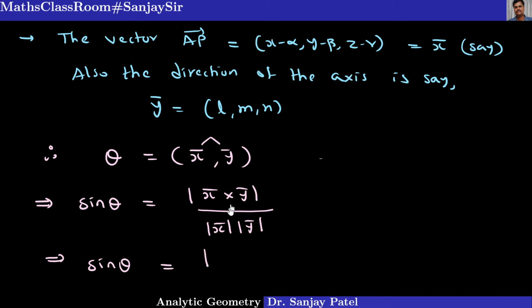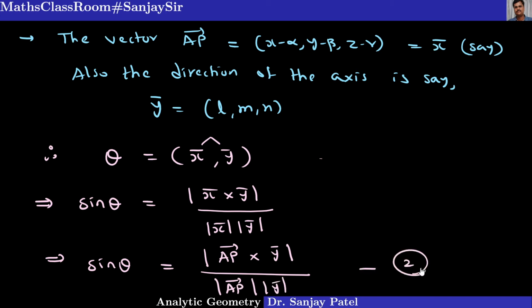X bar is the vector AP, so I am writing AP cross y bar, which is just keeping y bar as it is, and the denominator is again mod of AP into mod of y bar.